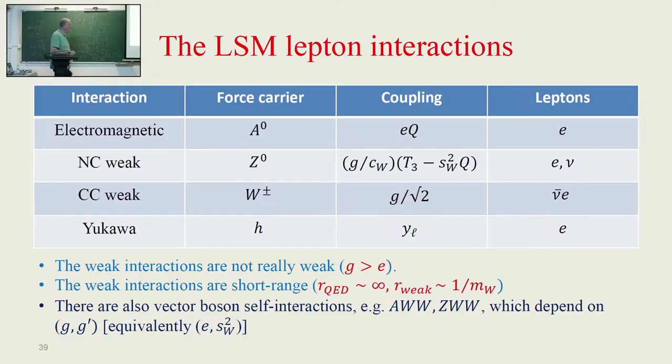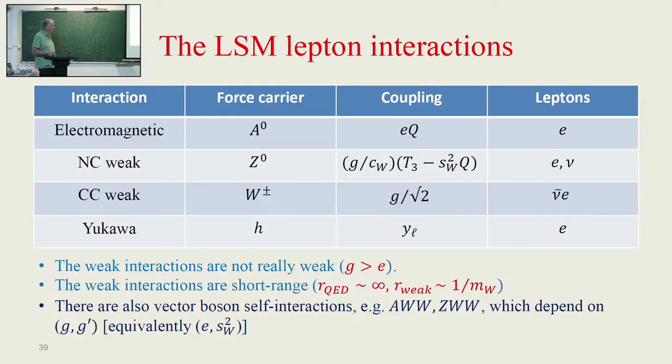I did not go over the vector boson self-interactions. There is, for example, the coupling of the photon to W plus W minus. The Z couples to W plus W minus. The point I want to make here is that these interactions also depend just on these two gauge coupling constants, g and g prime.